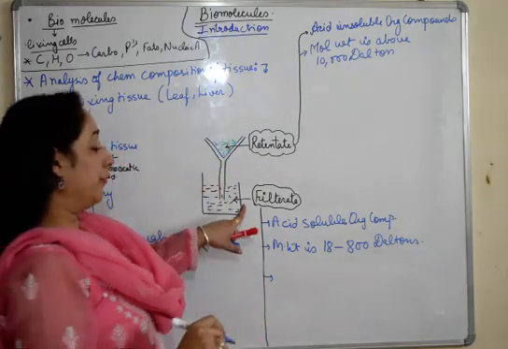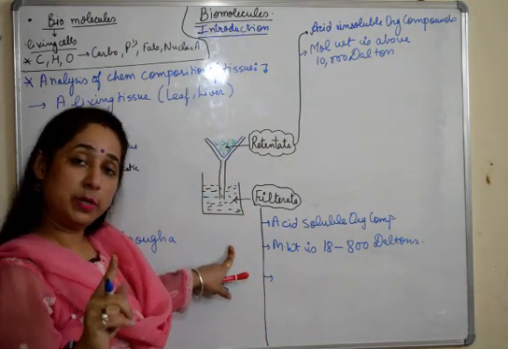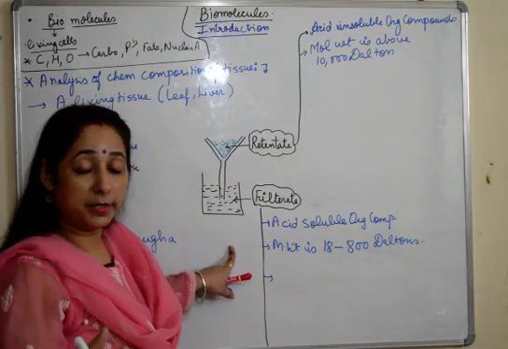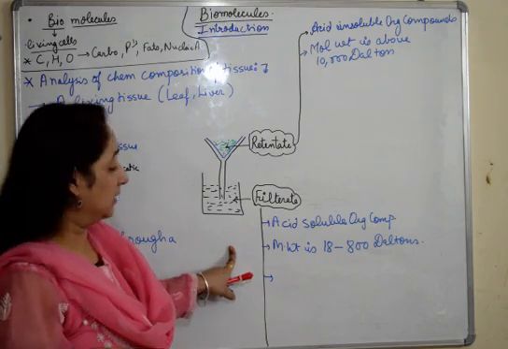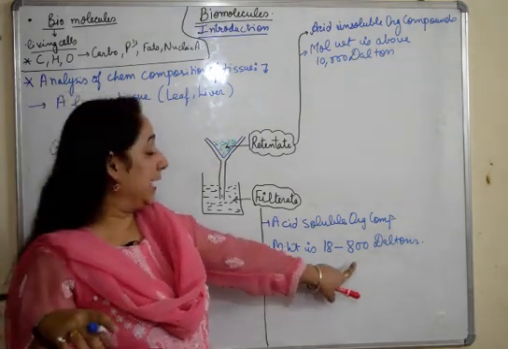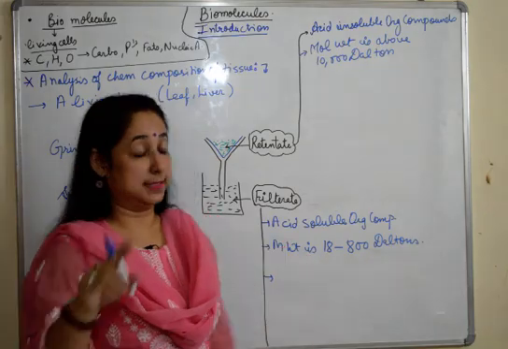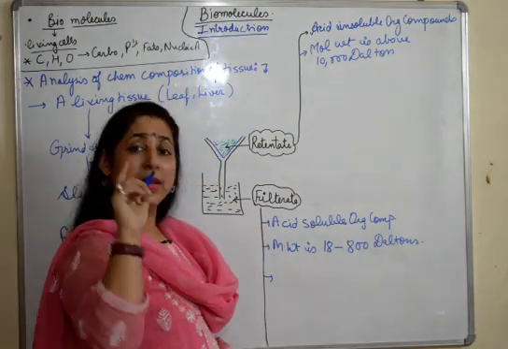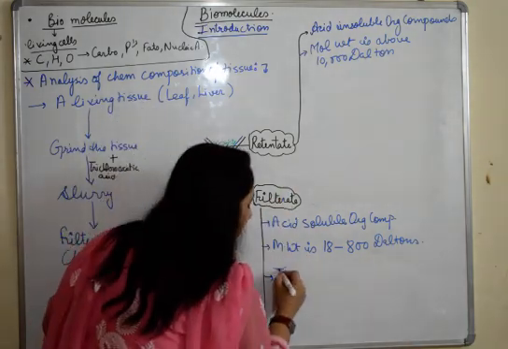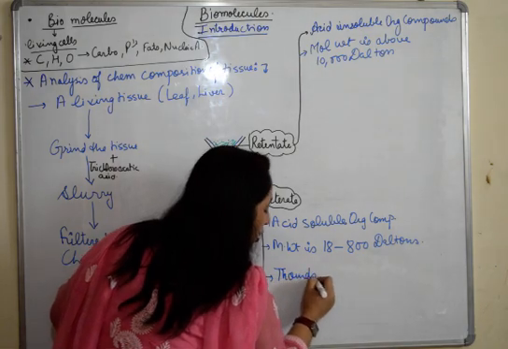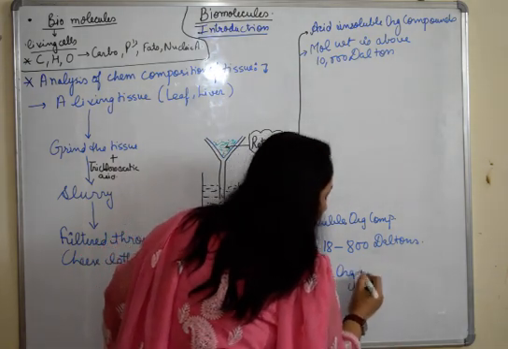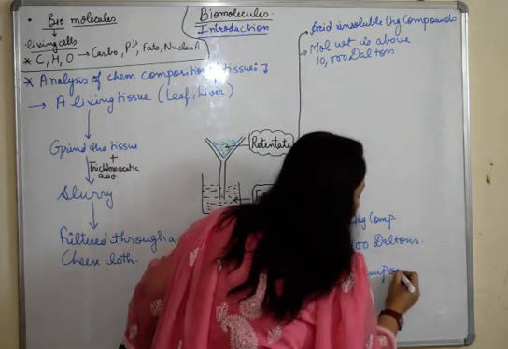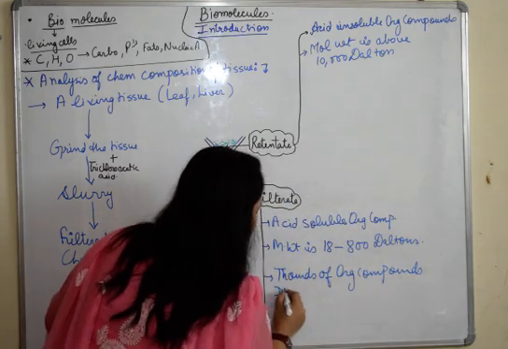So filtrate is acid soluble, and as acid has 90% water in it, you can say it's water soluble as well. Molecular weight is between 18 to 800 Daltons, and in this filtrate there are thousands of organic compounds present.